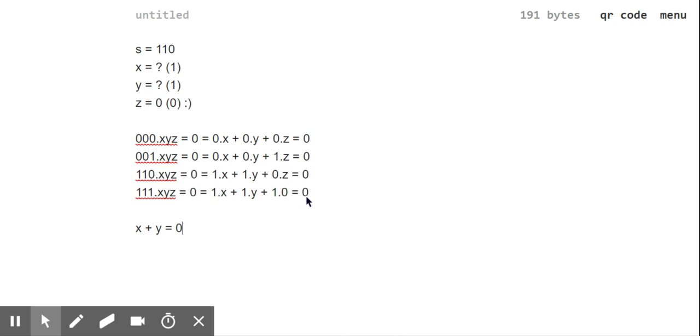And this is modulo 2, and as x and y must be binary, either 0 or 1, there's no other possible solution than x and y both being 1, right? So we've confirmed those things as well. Good.